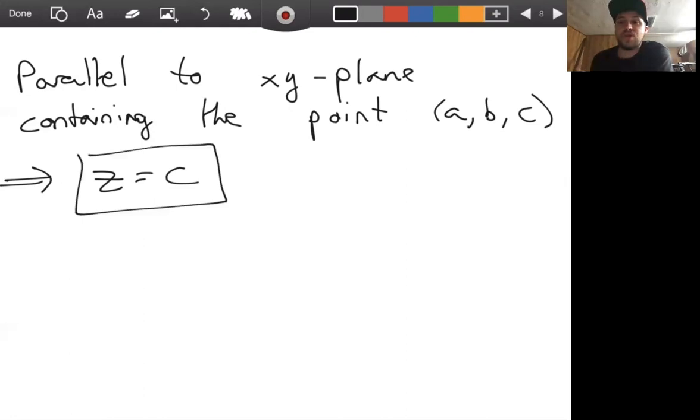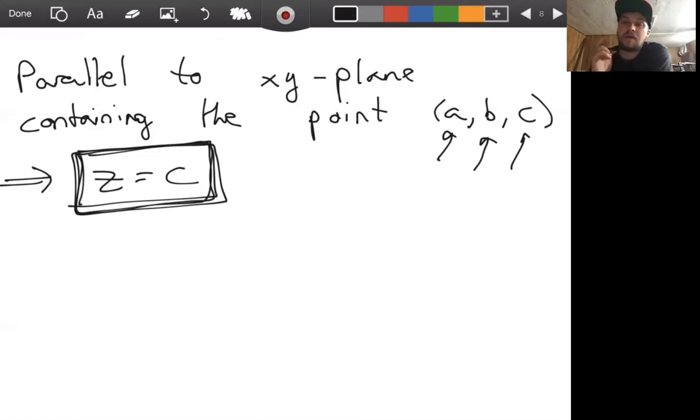Equations give us restrictions for possible values. These are X, Y, and Z values. When I see the equation Z equals C, this tells me I have no restriction on X, I have no restriction on Y, but Z can only be one fixed value.